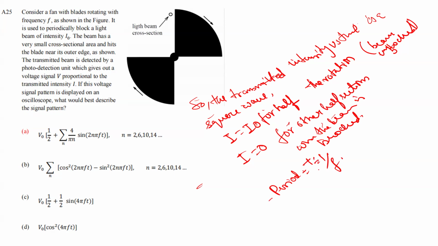Therefore, the output is a square wave of duty cycle 50% and period 1 by 2f, because we are getting two on-off transitions per rotation. Each blade blocks once per rotation.